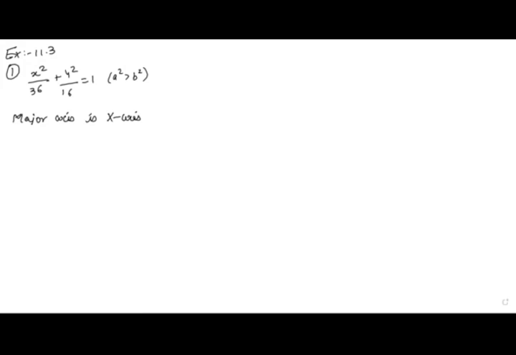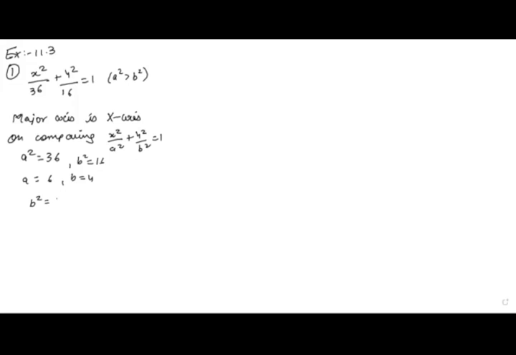So we will use the formula pertaining to major axis as x-axis. So on comparing with x square by a square plus y square by b square is equal to 1, I will get a square as 36, b square as 16, and that is a is 6 and b is 4.